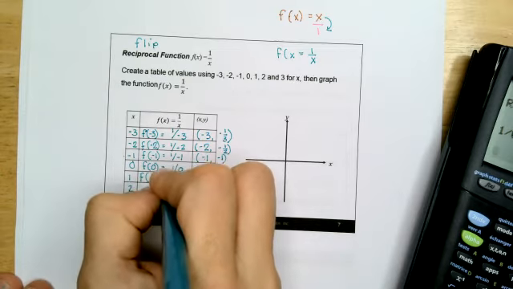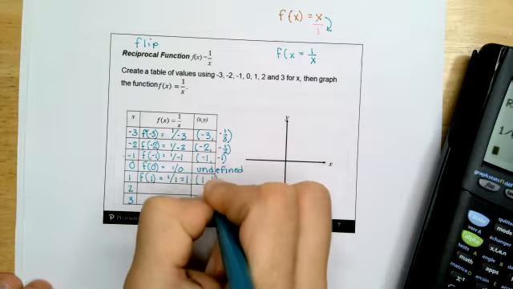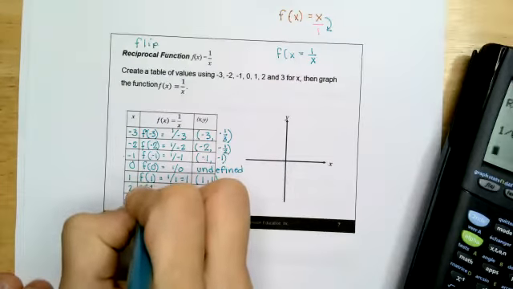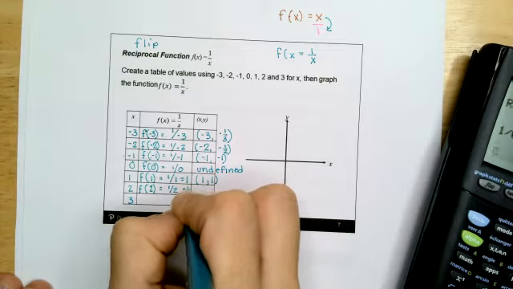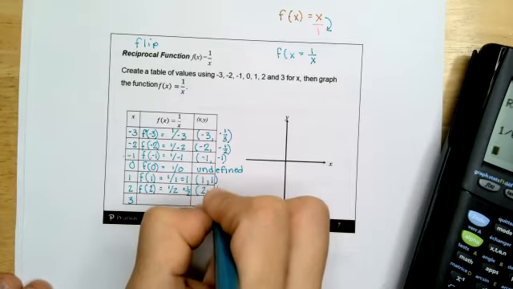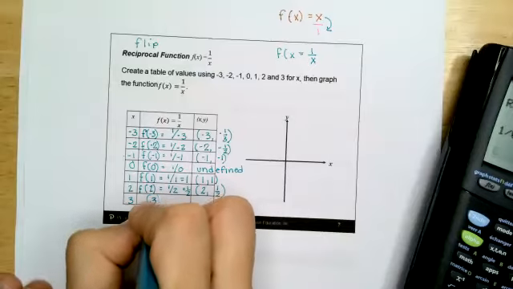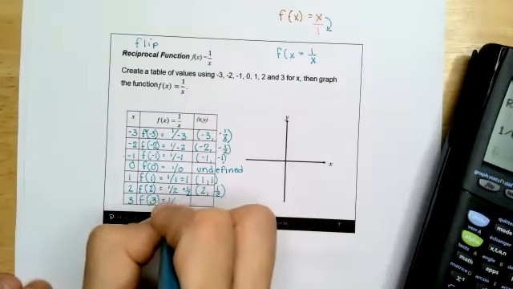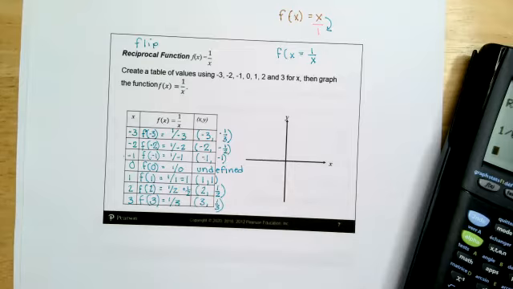When it's a positive 1, it's still 1 divided by 1, which is 1. So 1, 1. It will cross at 2, 1/2, and then it'll cross at 3, 1/3.